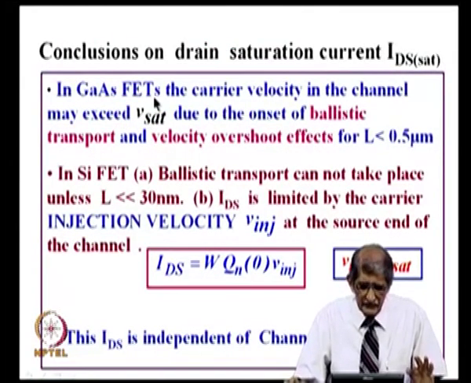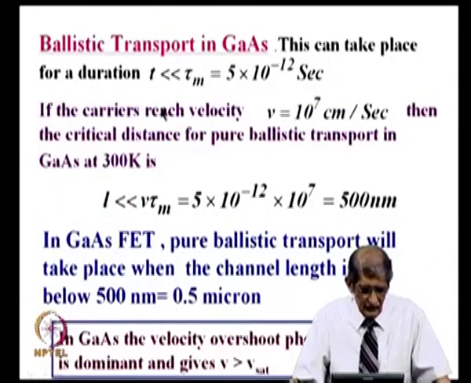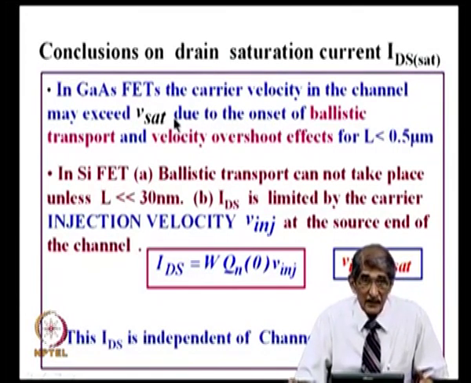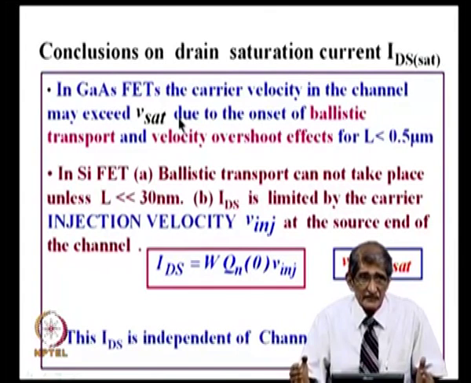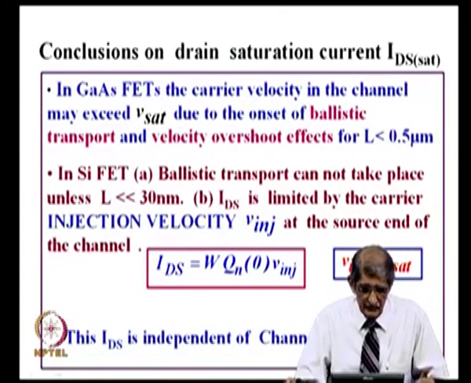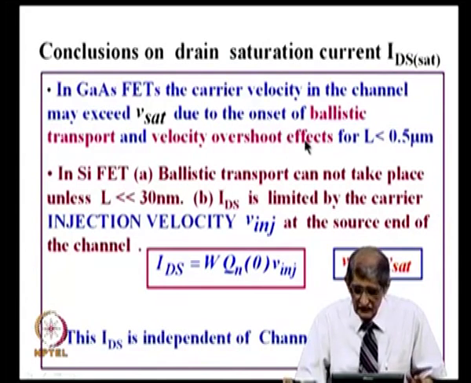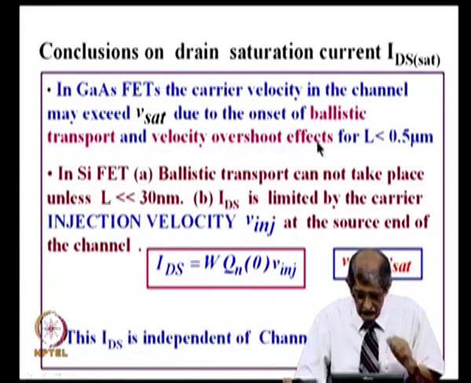So, the conclusion from this discussion is, in gallium arsenide FETs, the carrier velocity in the channel may exceed the saturation velocity, because the collision takes place after a few picoseconds due to the onset of ballistic transport and velocity overshoot effects, even for channel lengths up to 0.5 micron.